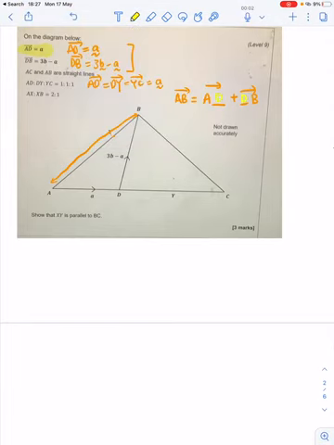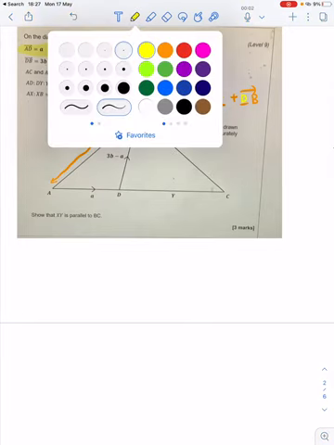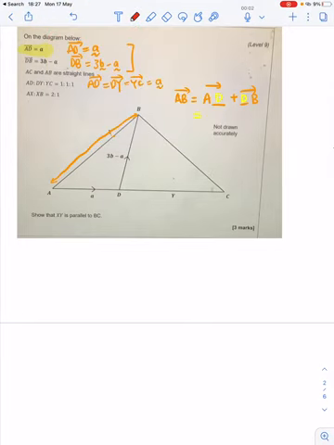Because that is what the question has given me. So AD plus DB is equal to vector A plus 3B minus A. So that is 3B. So if vector AB is 3B, I can then deduce that AX must be 2B and XB must be B.